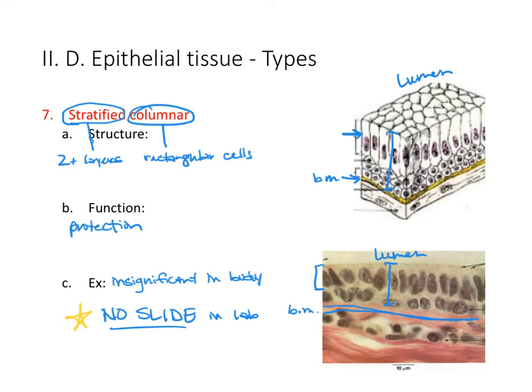The answer is pseudostratified. So do not put stratified columnar as an answer on your lab exam. So every semester I say this, and every single semester I have at least one person who writes stratified columnar as an answer for the lab exam. And I already know it's going to be wrong because we don't have a slide of that.